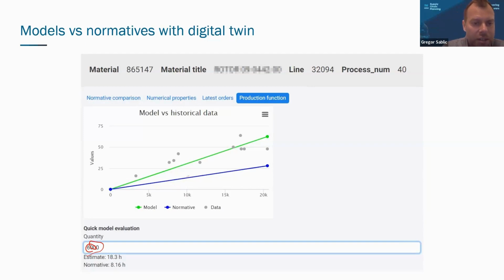We can see that with increasing quantities, the discrepancy also gets bigger. This is then a signal that we should maybe check or modify this data, especially if we're talking about master data.